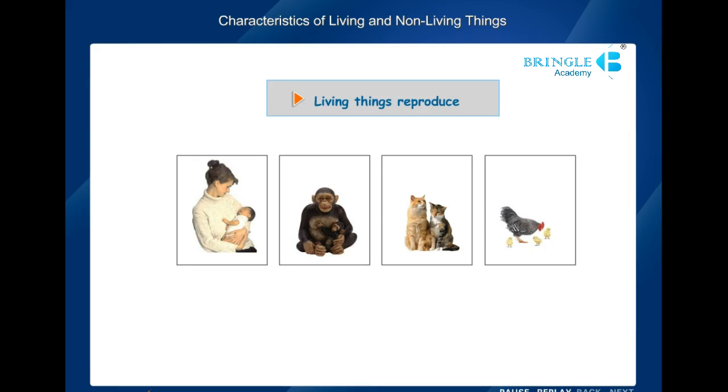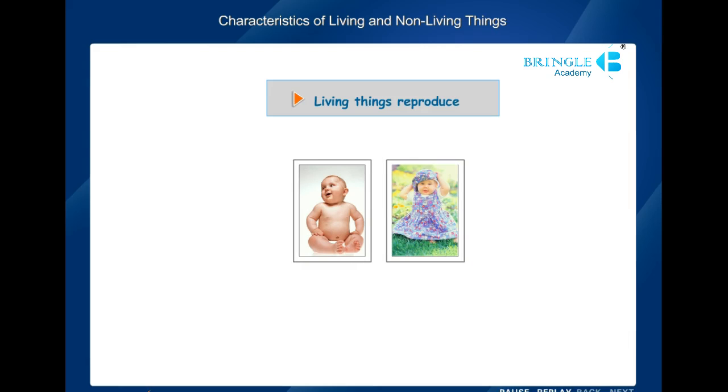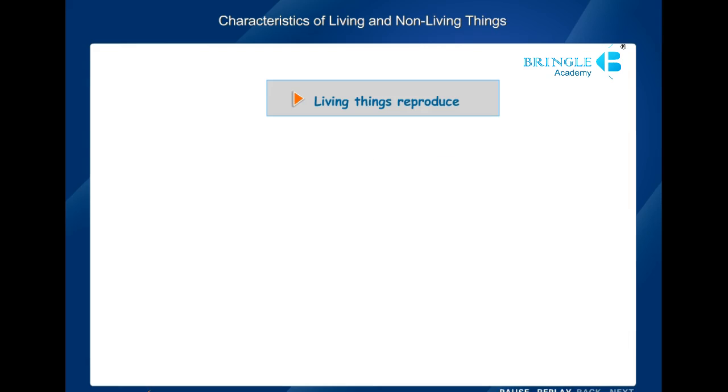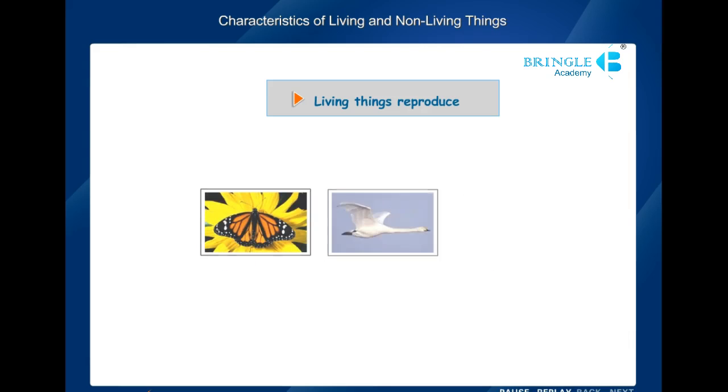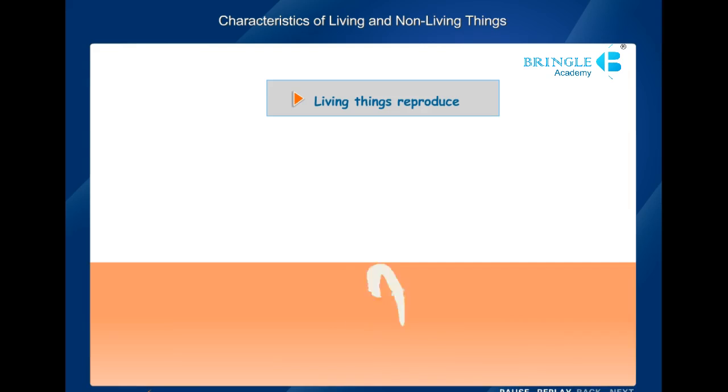Living things reproduce. All living things have young ones of their own kind. You have seen baby girls and boys. Have you seen a kitten, a puppy, a foal, or a baby elephant? Insects, birds, and fishes lay eggs. Young babies hatch out of their eggs.